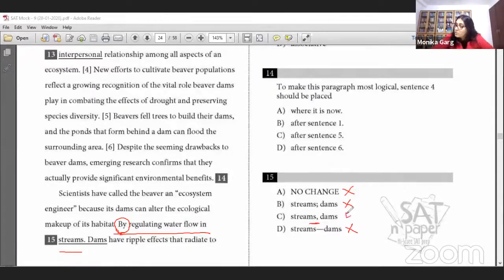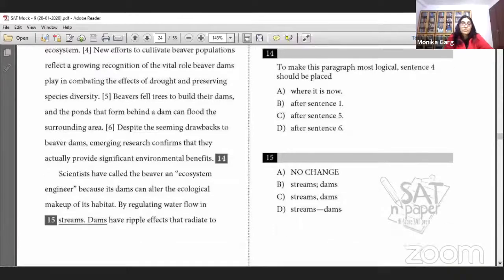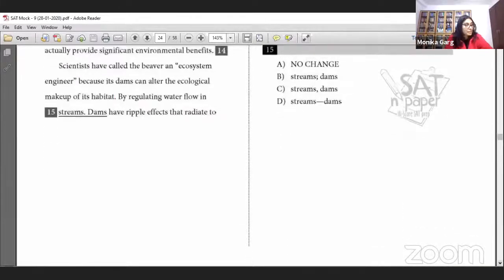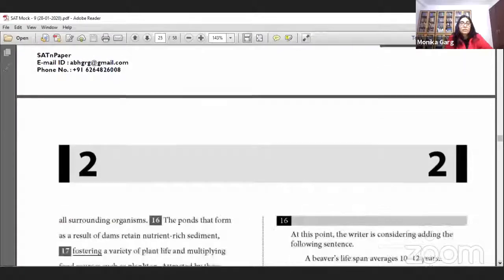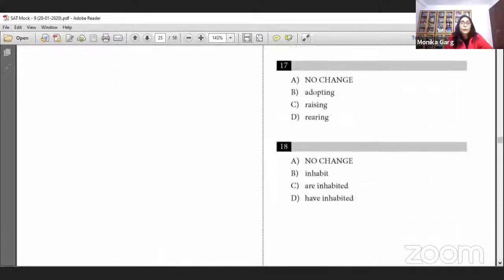So this has to be the correct choice here. And again, very easy question. If you know the punctuations well, these questions are not tricky at all. They're in fact very easy to do. All right, we move on to next question now. That's question number 22.